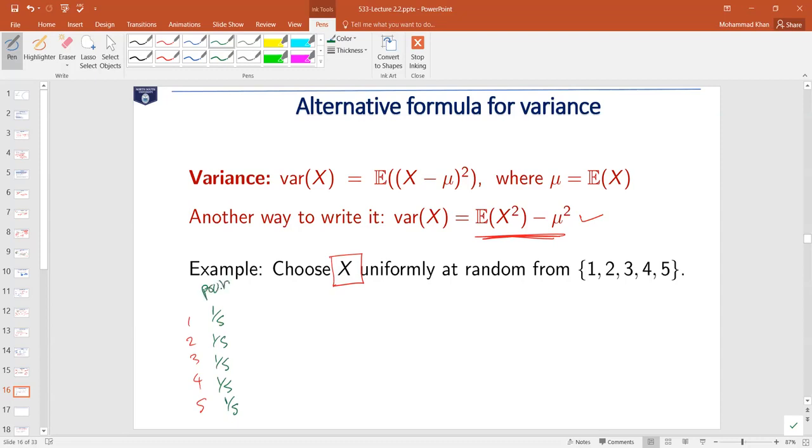So these are the values of X. Now we can use this formula. X squared is 1, 4, 9, 16, 25.